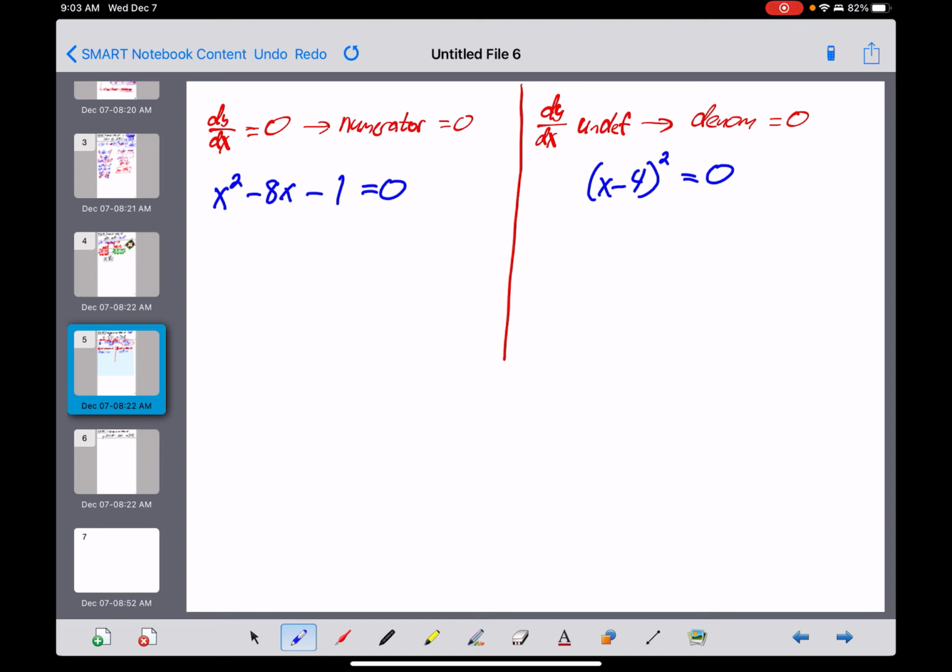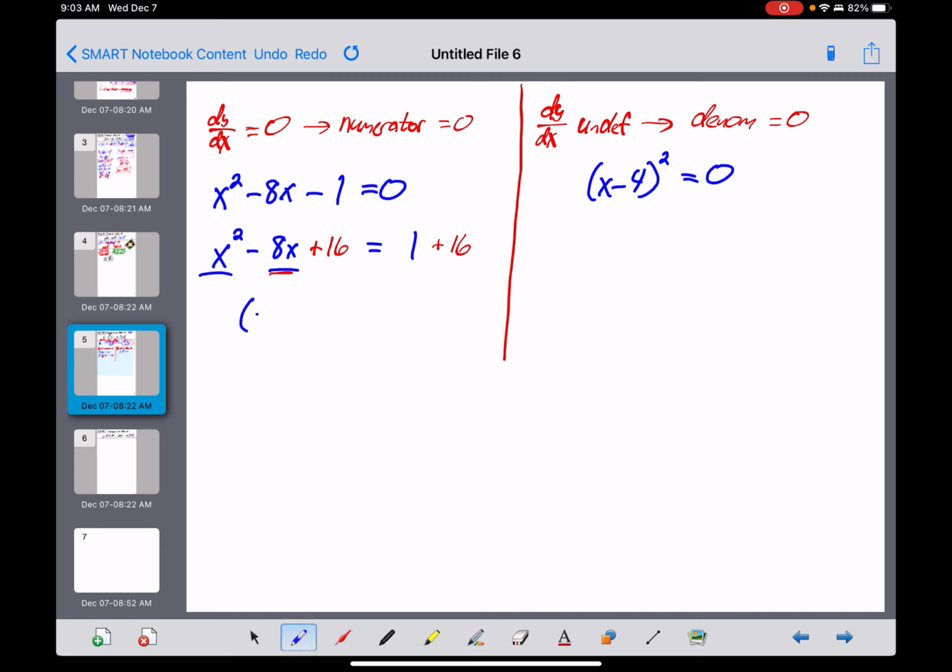My Algebra 2 kids would all use the quadratic formula. I like completing the square. So I'm going to do that and bring this 1 over here. I like completing the square when two things happen: when a is 1, and when b is even, and both of those happened here. So what do we do, guys? I take half of b, which is -4, square it and get 16, and I add that on the left, and I add it on the right.